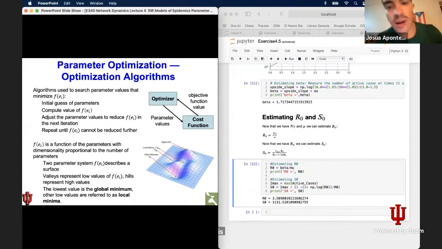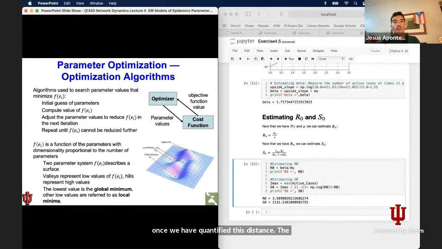Once we have quantified this distance, then we can use an optimizer, or an optimization algorithm, which will try to reduce the distance between our model and the data by trying different values of the parameters. The whole idea behind the optimizer is that it produces new values of the parameters, and these values produce a model prediction that is evaluated against the data.